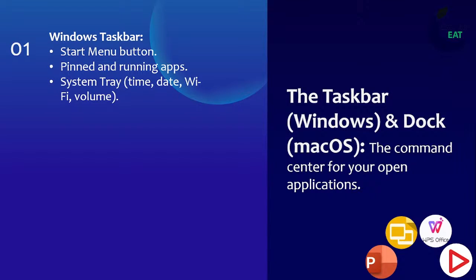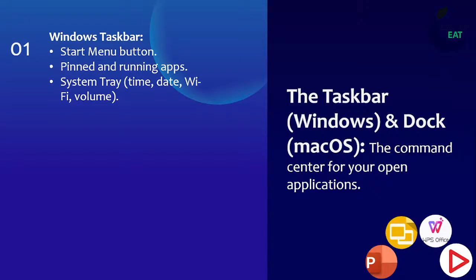This bar shows you what programs are currently running, as I said before, and which apps you've pinned for quick one-click access. It shows you system info, like your internet connection and the volume of your system sound. It also shows you the time, like I showed you, and we're going to look at how you can customize some of these things.